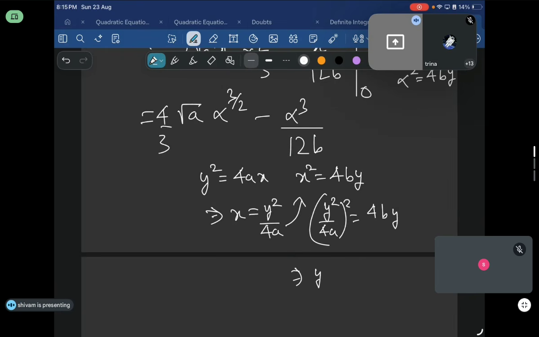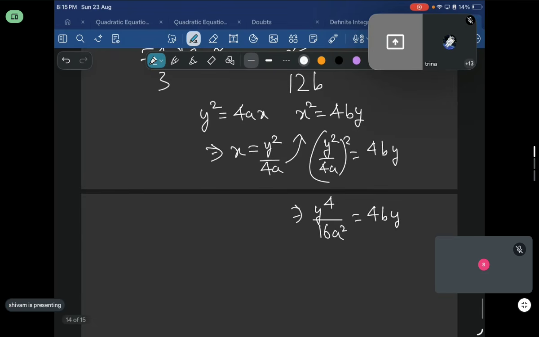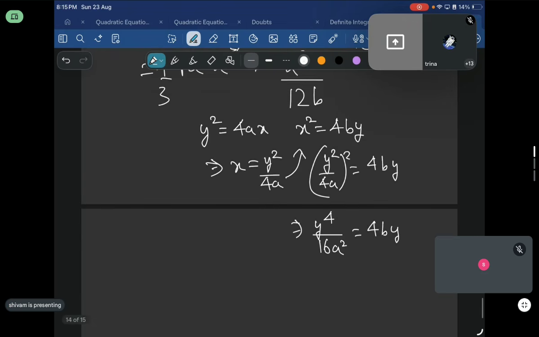So from here, y to the power 4 by 16a square is equal to 4by. Achha, one y and one y will get cancelled. So I am getting y cube is equal to 64a square b.